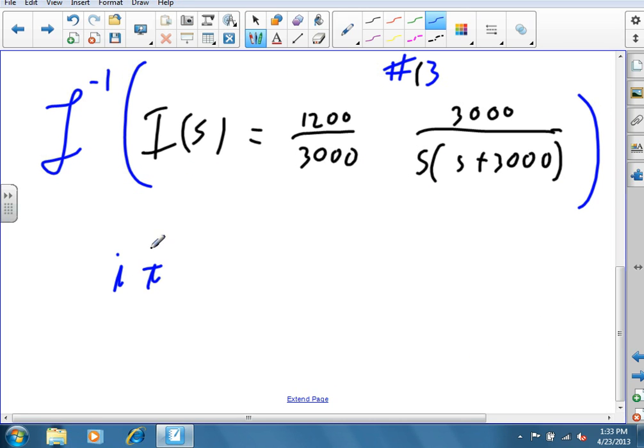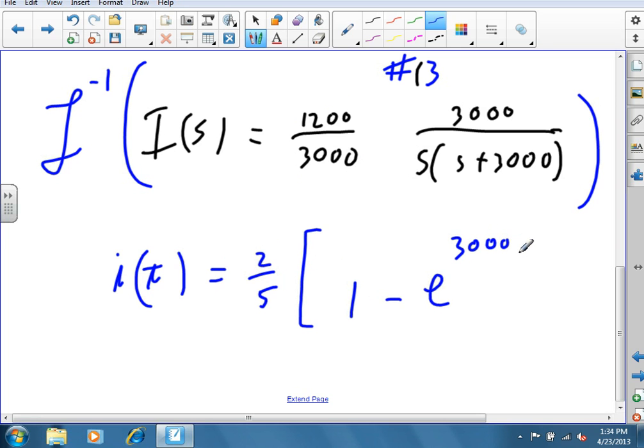I of t equals, those 0s go away, 2/5 times 1 minus e to the 3000 t, and it'd be minus 3000 t.